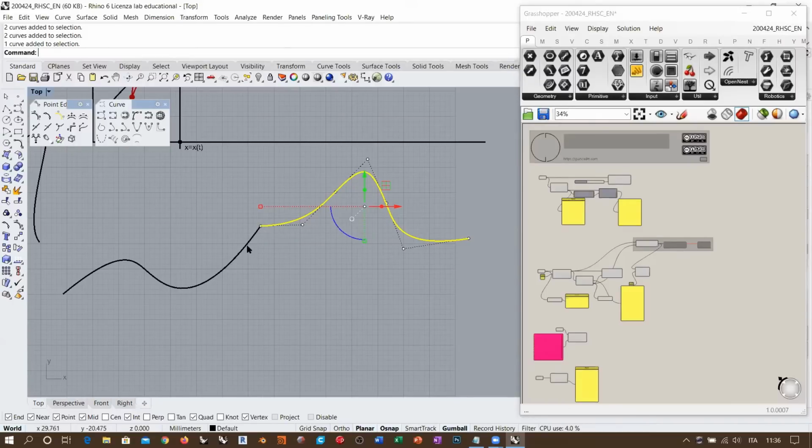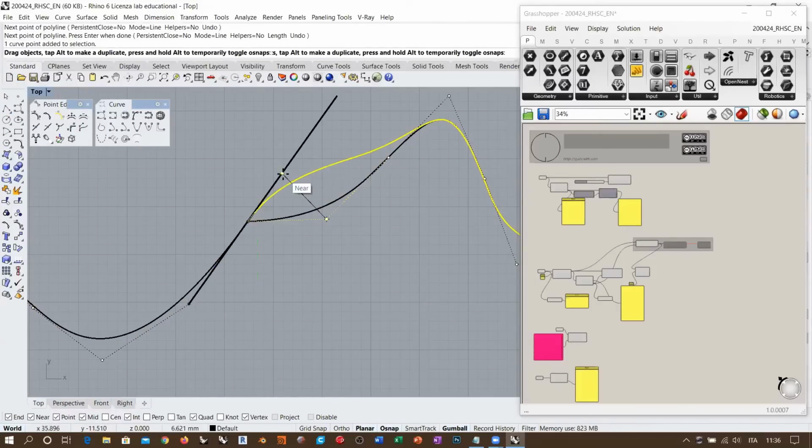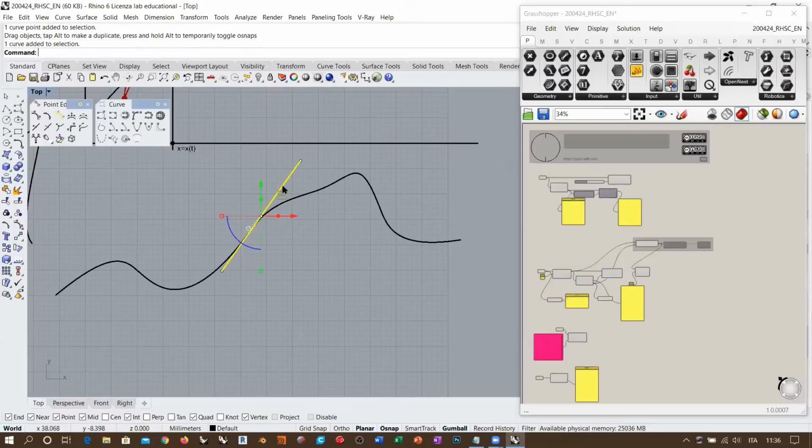We can select this one as well, create a line, for example, tab on this one, and then place this point along this line, and that's it. We already have an invisible connection point here. But in terms of continuity, this might not be enough.